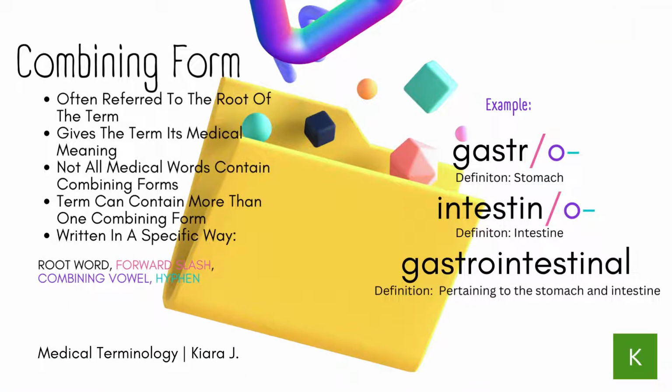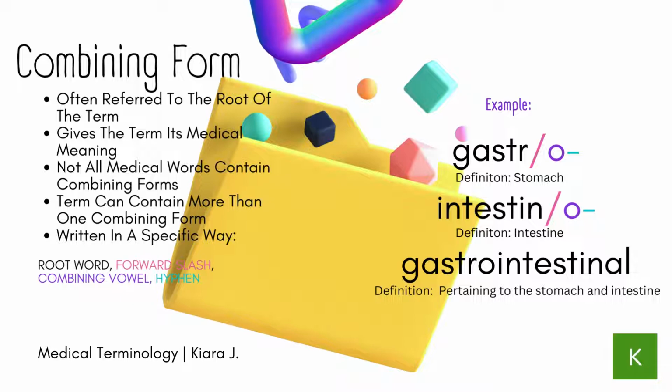So now we have a combining form or a combining term. This is often referred to as the root of the term. This gives the term its meaning, its full medical meaning. Not all medical terms or medical words contain combining forms. For example, you have words like nurse, doctor, or sterile, as in a sterile surface.